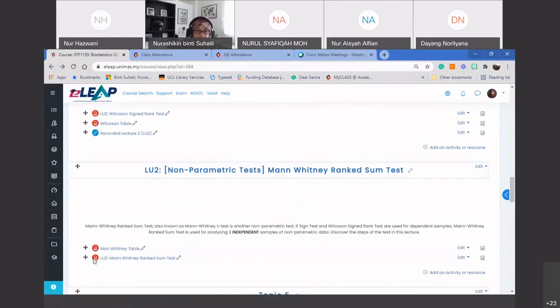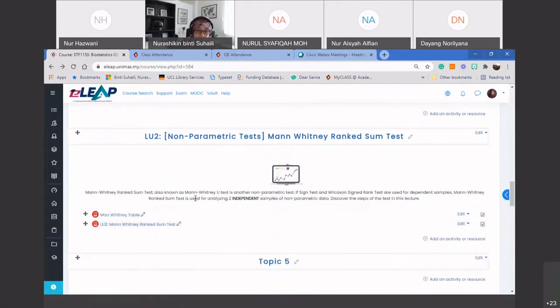So by definition, if you see the information that I put on Ellipse here, it is also called the Mann-Whitney U test. Okay, that is another name for it. So you should know that sometimes it's the U test, sometimes it's the Mann-Whitney rank sum test. It's still a non-parametric test. So when we say non-parametric, remember the data, there are many possibilities.